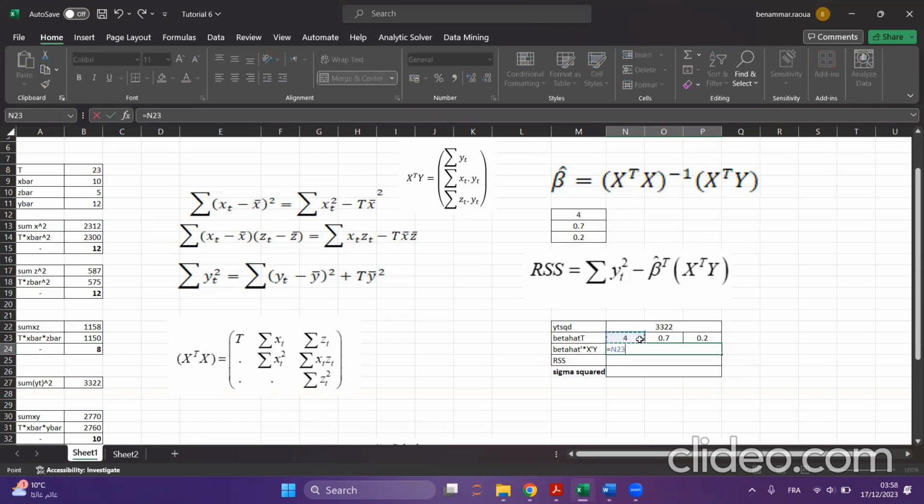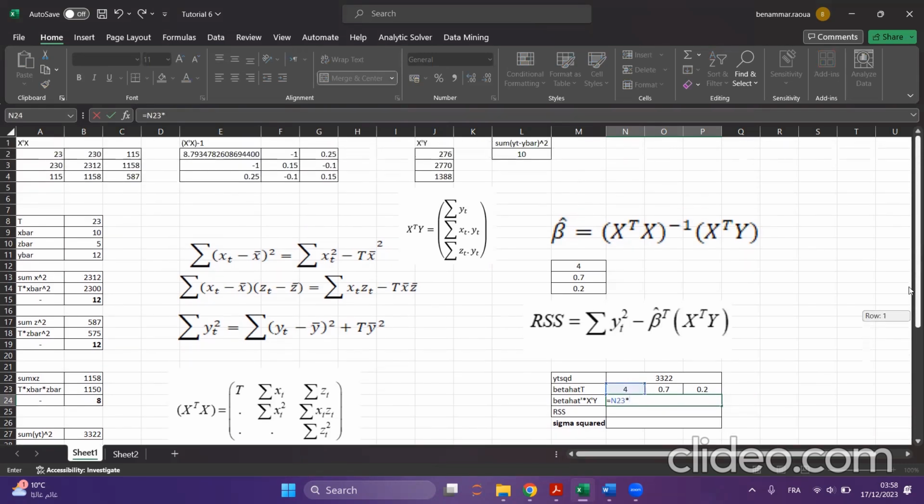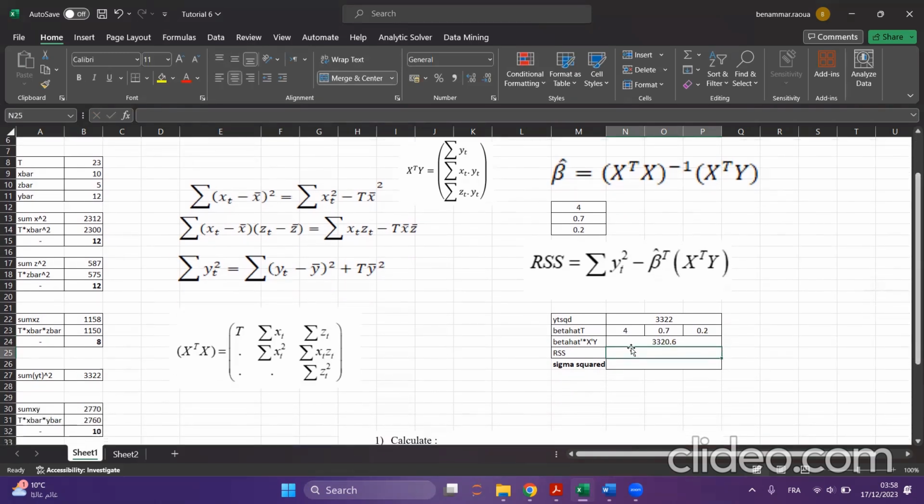So it's equal to 4 times, let me find xty, plus 0.7 times the second row, so it's 3320.6.